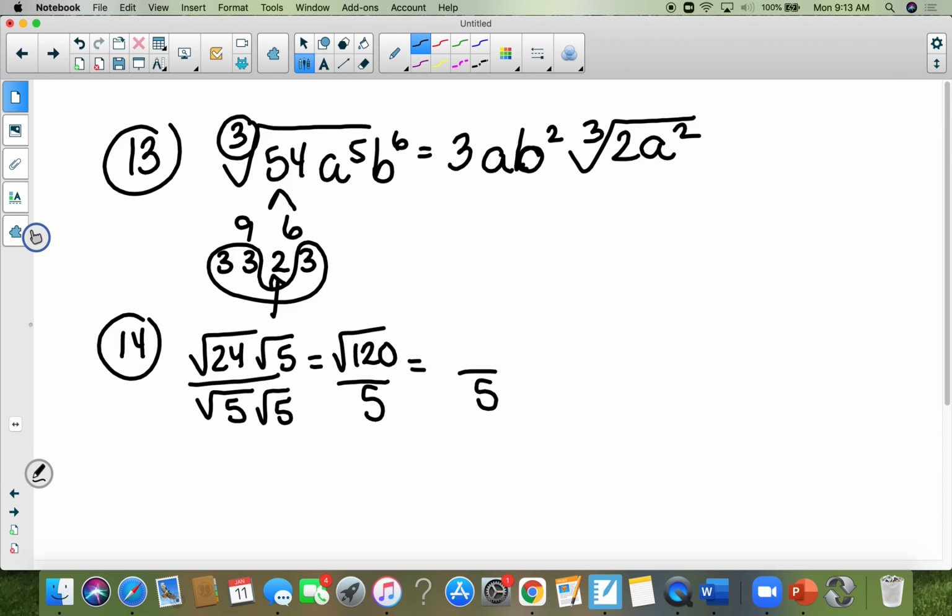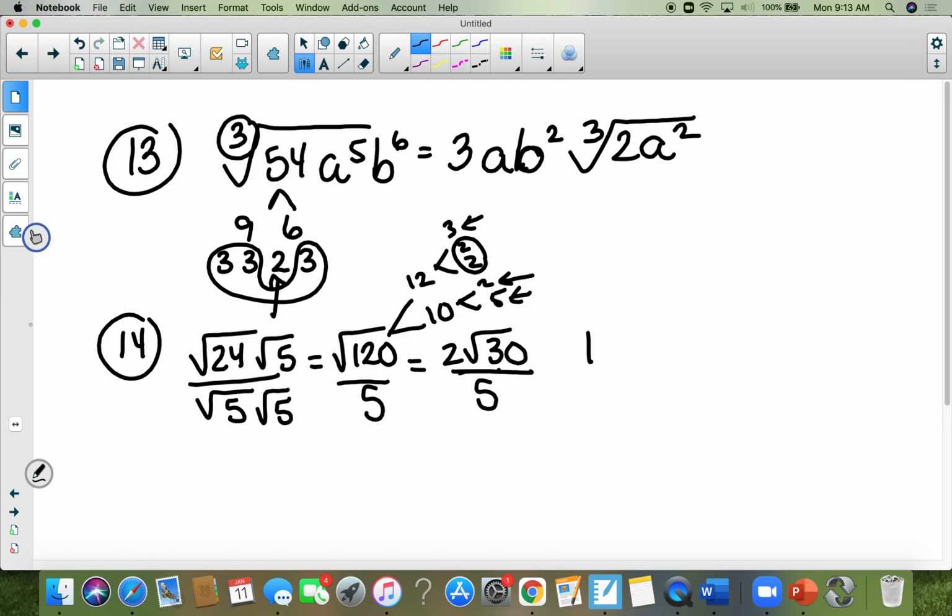You have to reduce the square root of 120, which is 12 and 10, which is 2 and 5, which is 3 and 2 and 2. I can take at least a 2 out for the square root of 120. There's not enough 3's, not enough 5's, and not enough 2's, so that ends up being the square root of 30 for number 14. 2 root 30 over 5. You cannot leave the square root of 120 if you can reduce it.